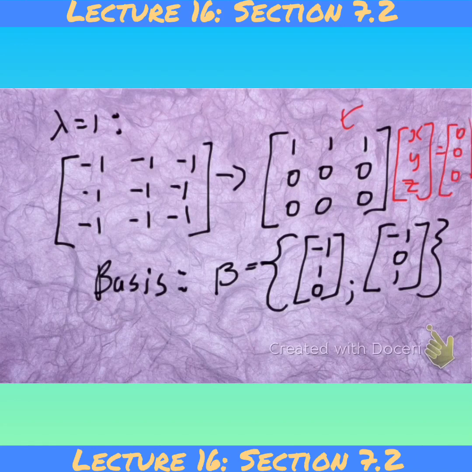That corresponds to the system x plus y plus z equals 0. So then you can parameterize z as t, y as s, and then x is minus s minus t.